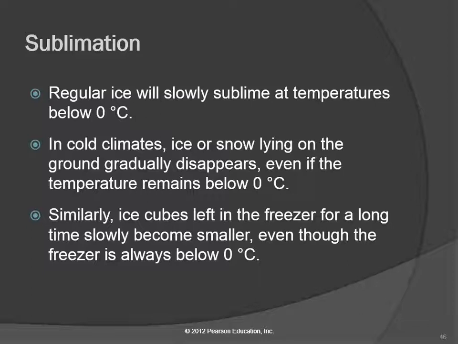In cold climates, I grew up in a cold climate, ice or snow on the ground will actually slowly disappear even if it never gets above the freezing point of water because it will sublime. And it happens in the freezer as well.